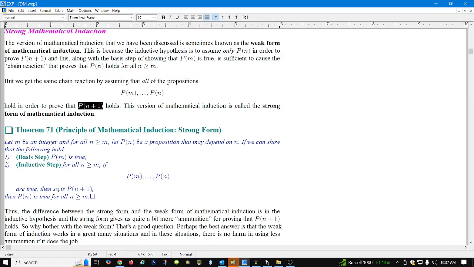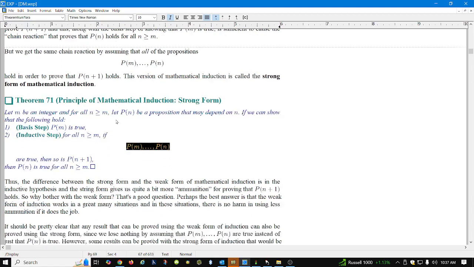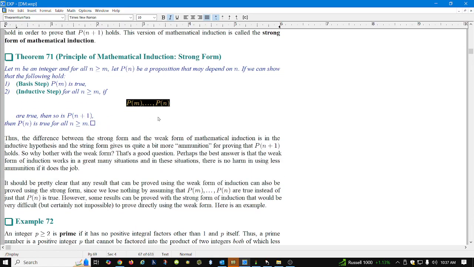So here is the strong form. It looks the same except for the inductive hypothesis. Now you might be thinking, well, if the strong form is stronger, why bother with the weak form? That's a pretty good question, actually.